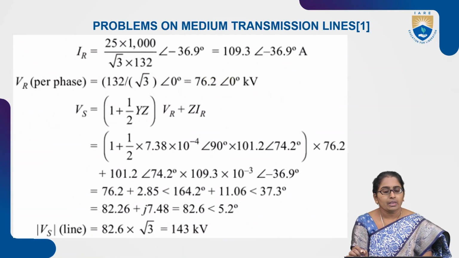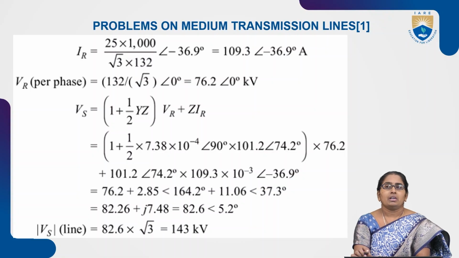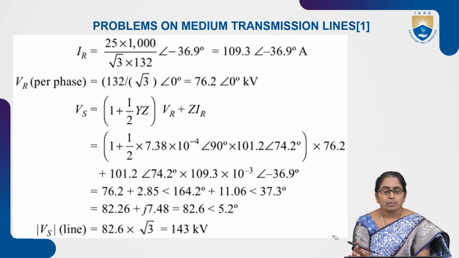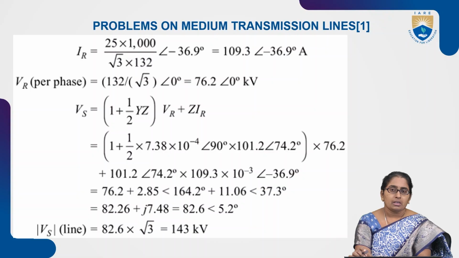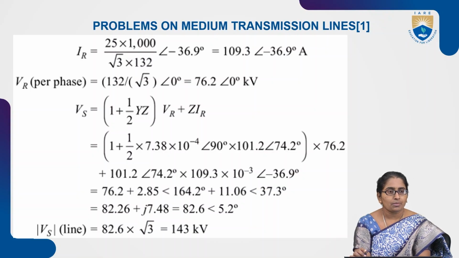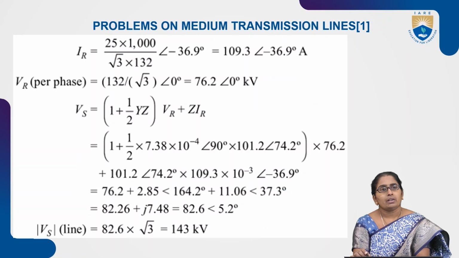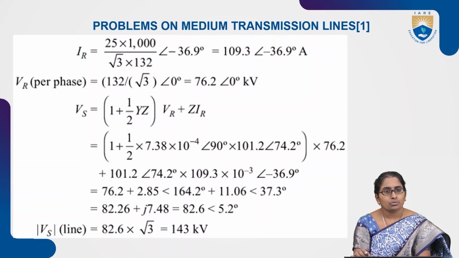Now here, the I value, based on the load parameters given. Load power is given as 25 MVA, voltage is 132 kV and power factor 0.8 lagging.